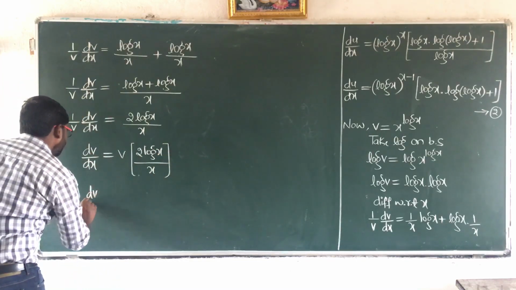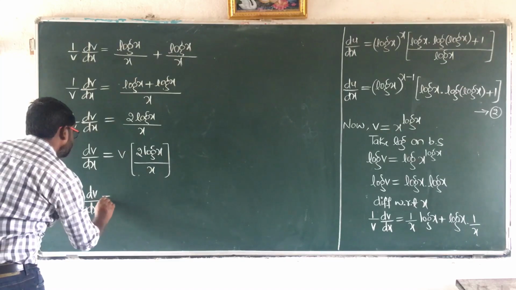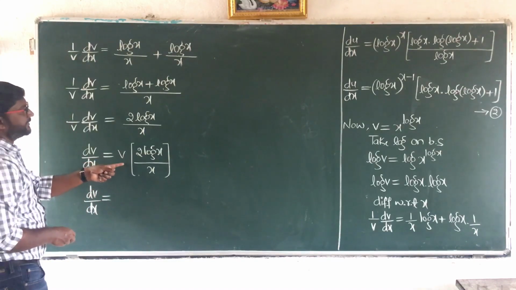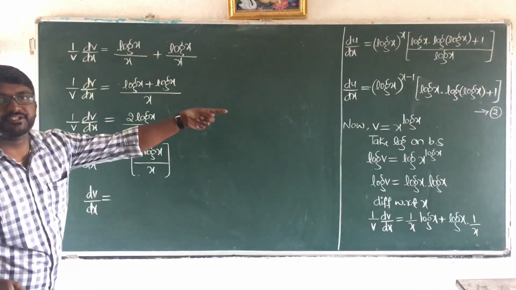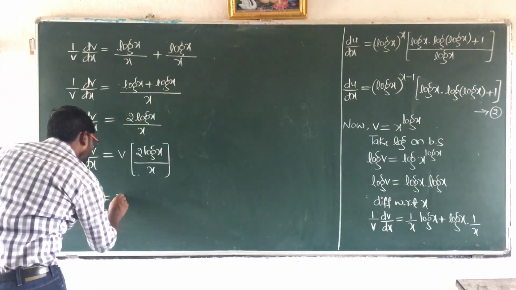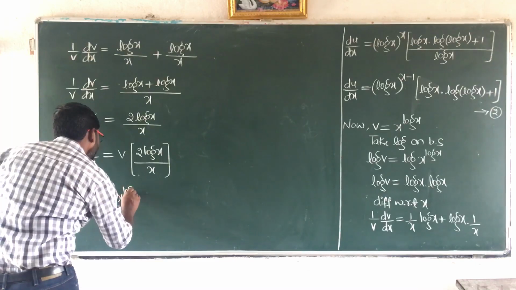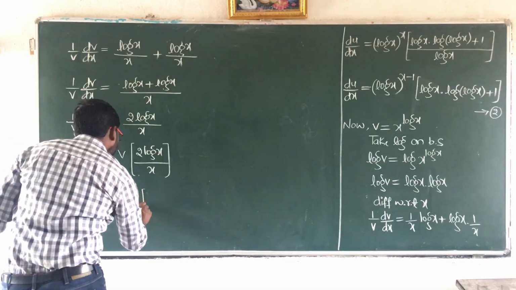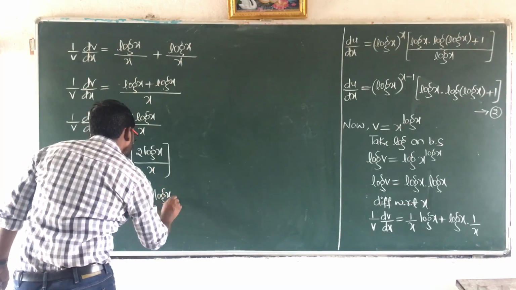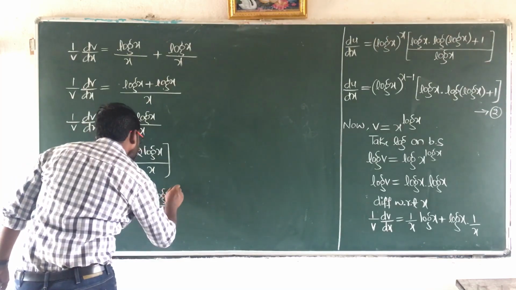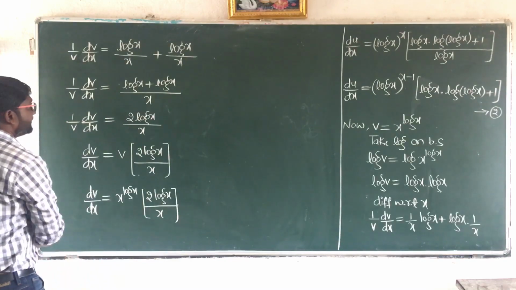So let us replace v here. So dv by dx, which is equal to, so what is v here? V is nothing but x to the power log x. So x to the power log x into this particular term as it is now, 2 log x divided by x. So what will be the next step now? See here.